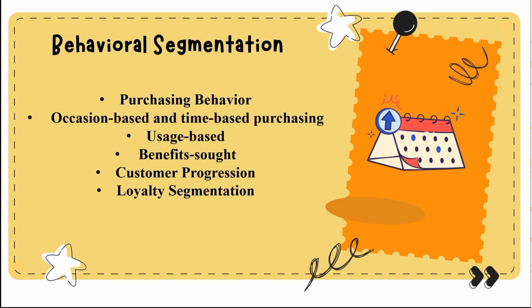What about the usage based? What kind of uses are you going for? How frequently are you using the product? What kind of user, whether you are a heavy user, a light user, or a medium user, that is also defining the base. For heavy users, your approach to target the customer is different. For light users, your approach might be different.